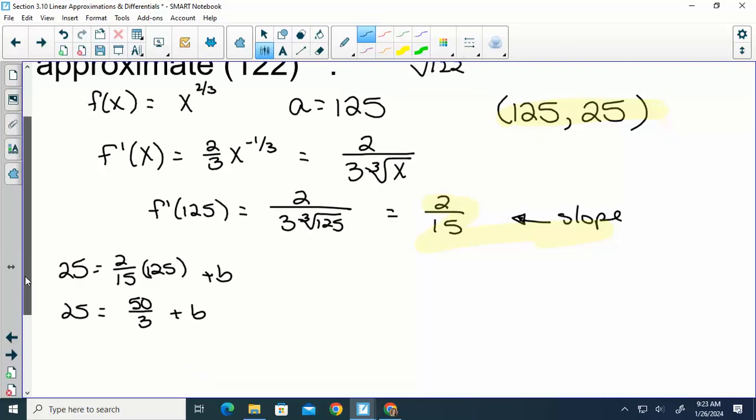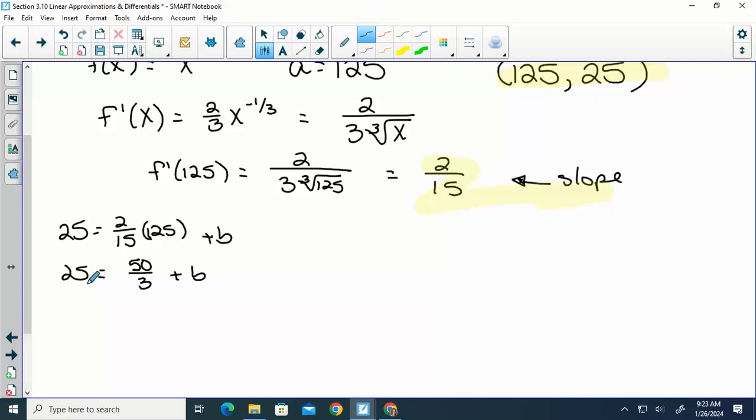Okay. 25 is like 75 over 3 minus 50 over 3 would be 25 over 3. So a linear approximation is 2 over 15x plus 25 over 3.